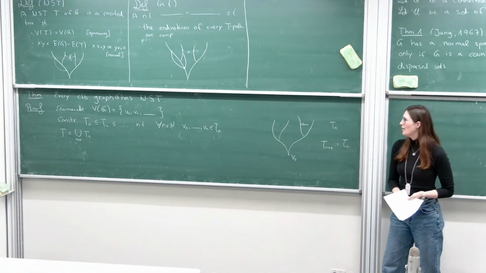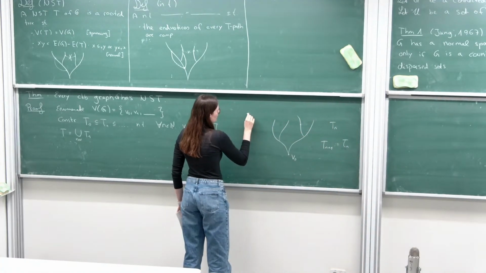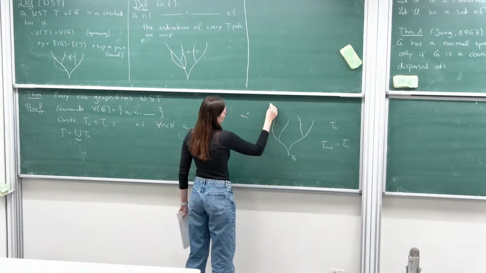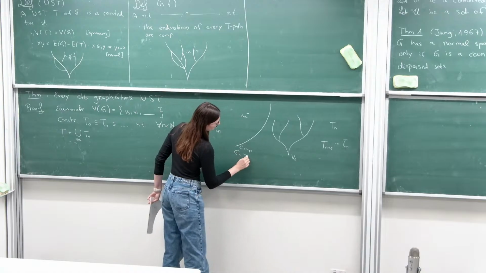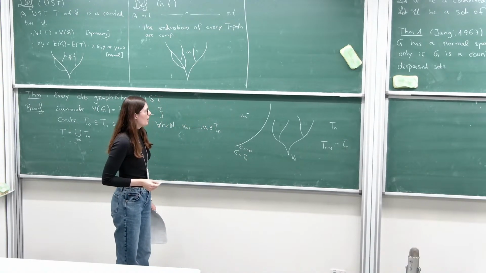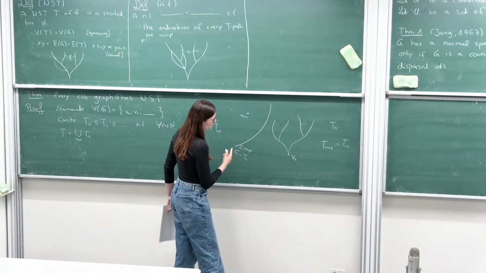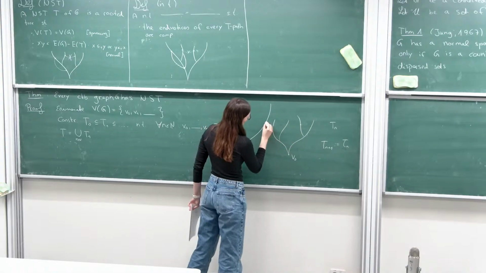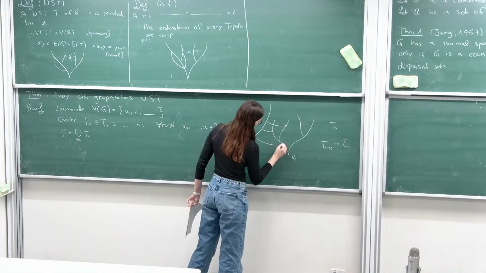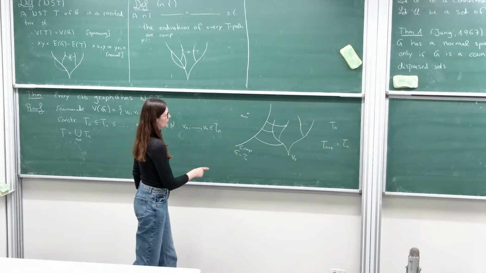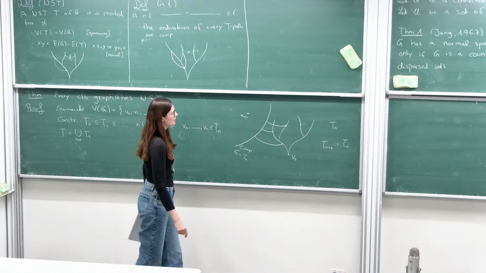So suppose Vn plus 1 is not contained in our tree Tn, then it lies somewhere outside in a component of G minus Tn. And now we consider the neighborhood of this component that lies in this tree. So maybe it looks like this. Okay, so this is the neighborhood of my component C. And now the first thing that we observe is that actually this can't happen.